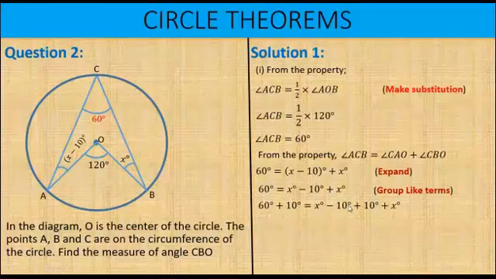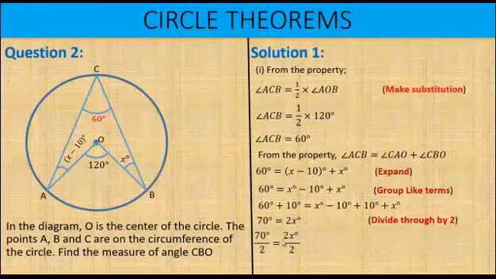Then x degrees plus x degrees is 2x degrees. So we have 70 degrees equals 2x degrees. Now we divide both sides by 2.